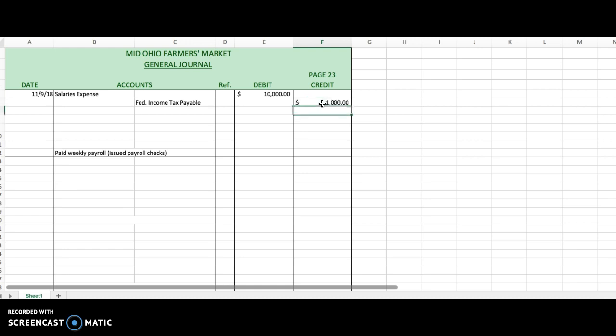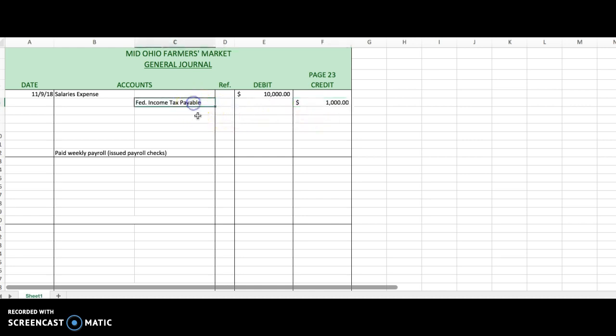Now, this is not just for one person, but this could be 5 or 10 or 15, but let's say it adds up to $1,000. What that means is that we will take that money out of the amount that they earned. We will hold it for them and later pay it to the federal government on their behalf.